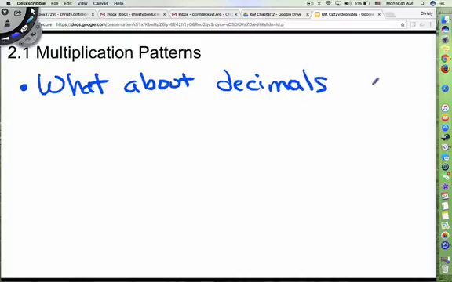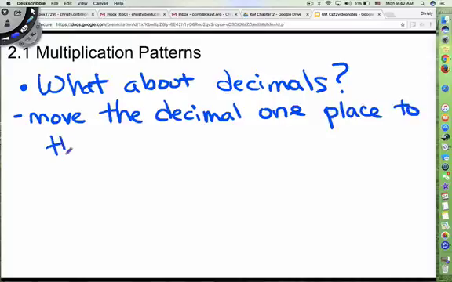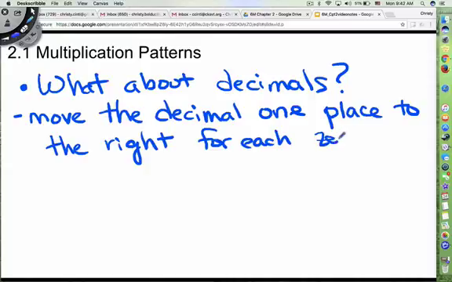And then we'll say, we are going to move the decimal one place to the right for each 0 in the factor. So let's go ahead and look at a couple of examples of this.